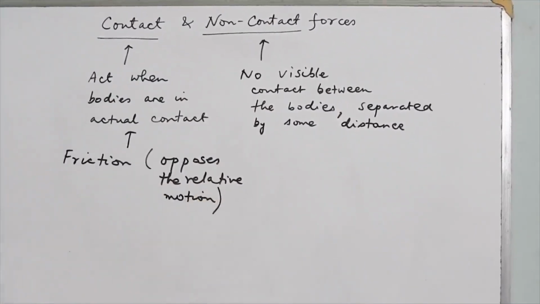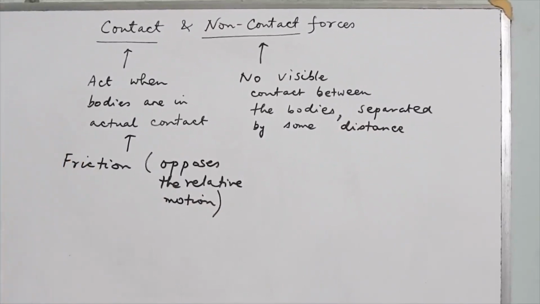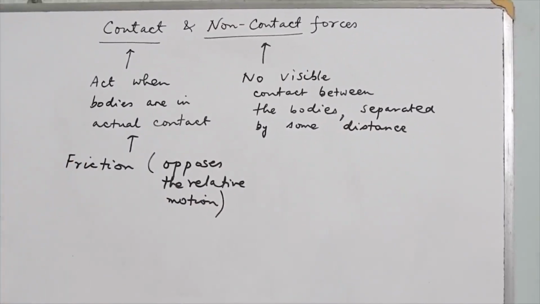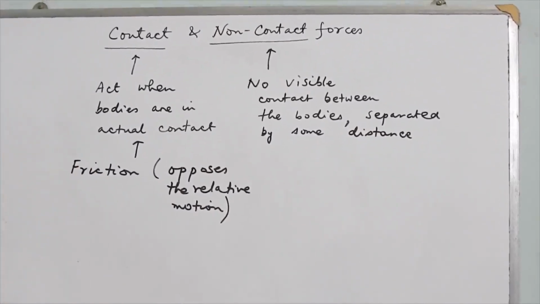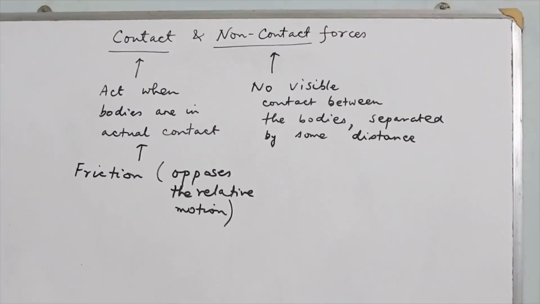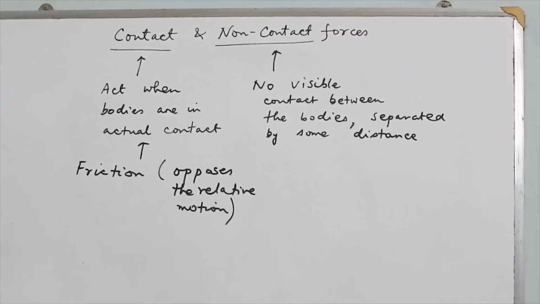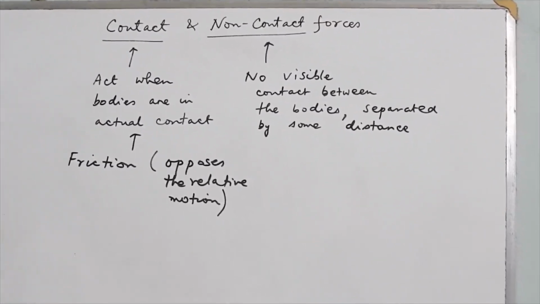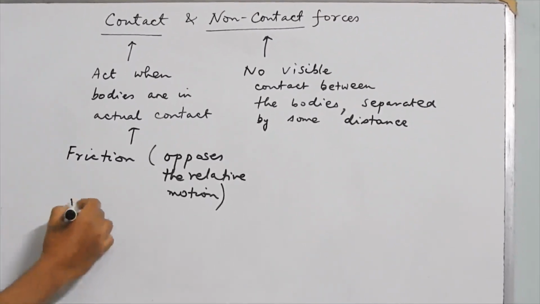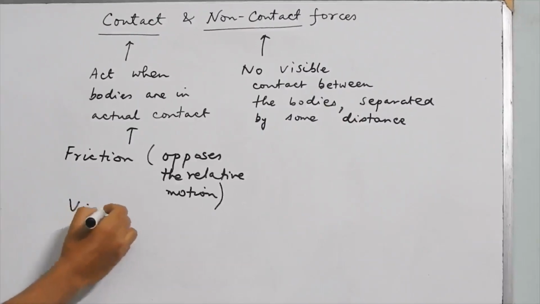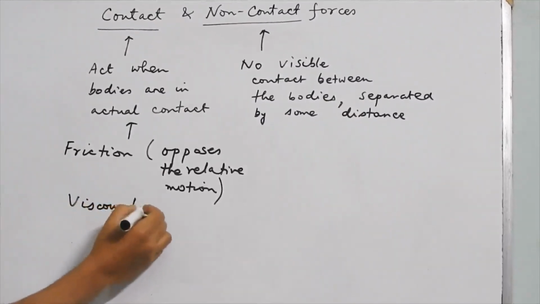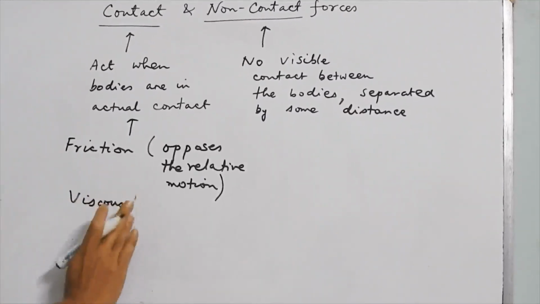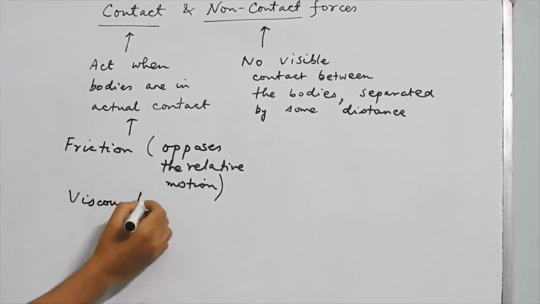The force of friction acts between two solid surfaces, but in liquids or in a gaseous medium also there is a type of friction which we don't usually call friction, but that is almost similar to frictional force, and that force is called the viscous force or the force of viscosity, or viscous drag.